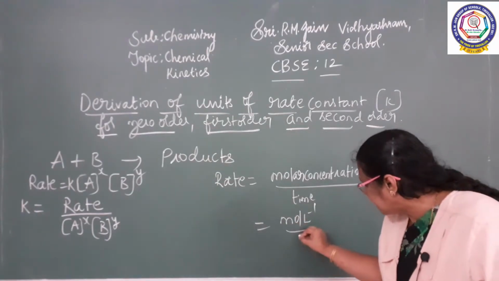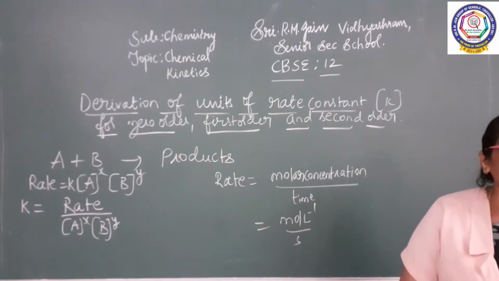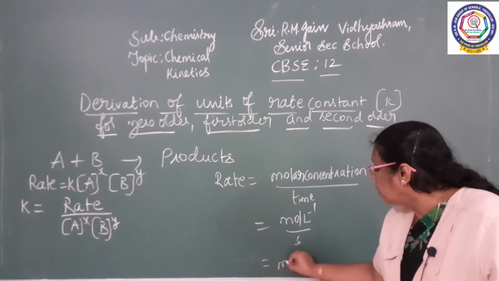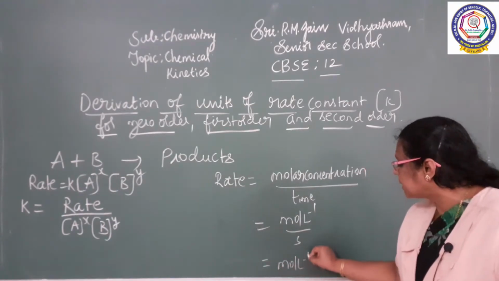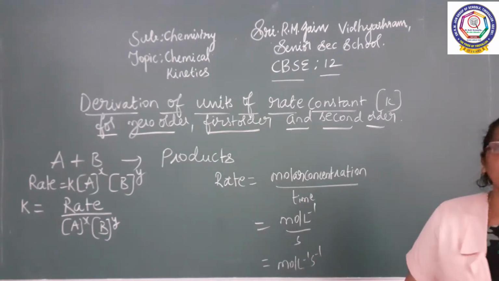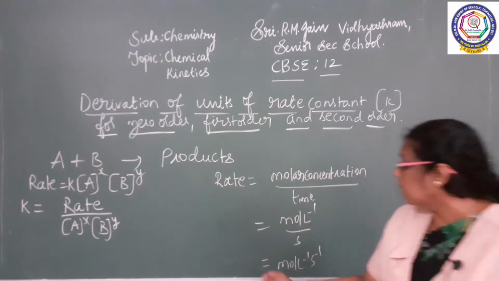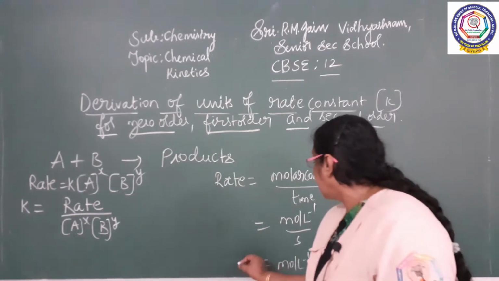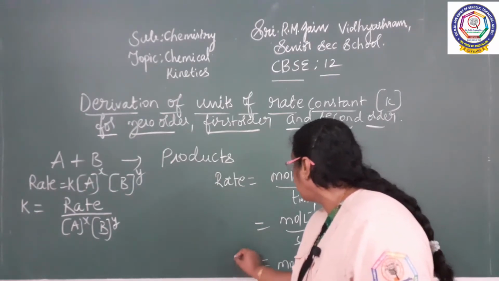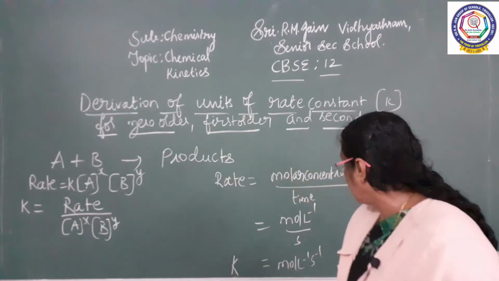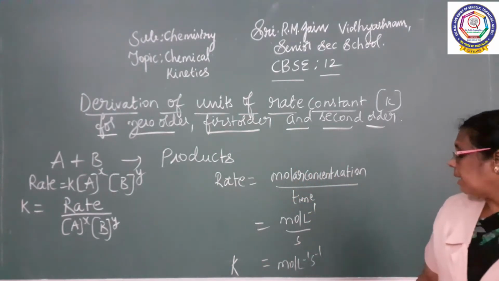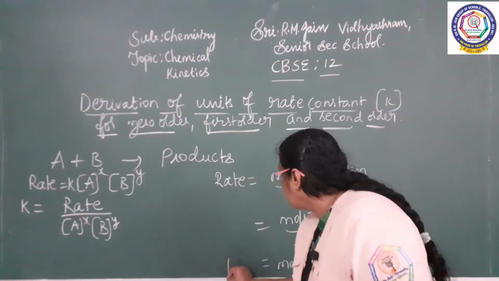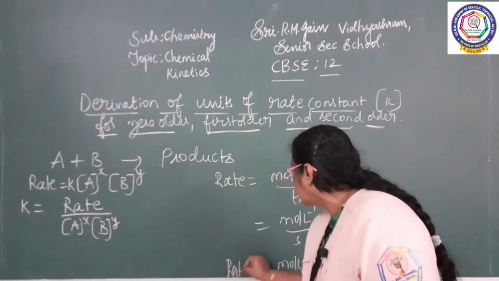For time it is seconds. So what you will get? Moles per liter per second. This is the rate of the reaction actually. So here the unit of rate is moles per liter per second.